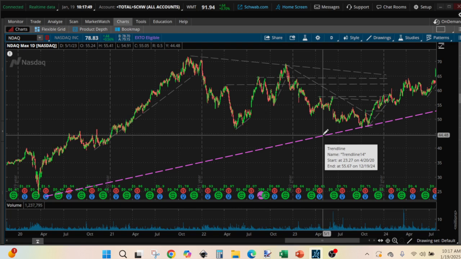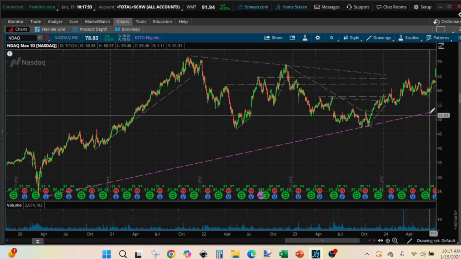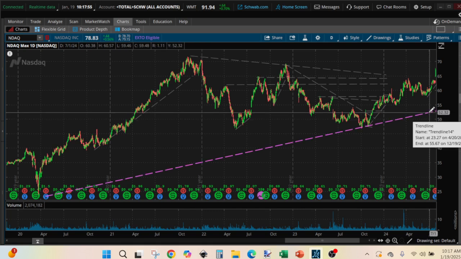So if it's going to do the same thing, we could expect that it might take a while for it to reach this trend line.